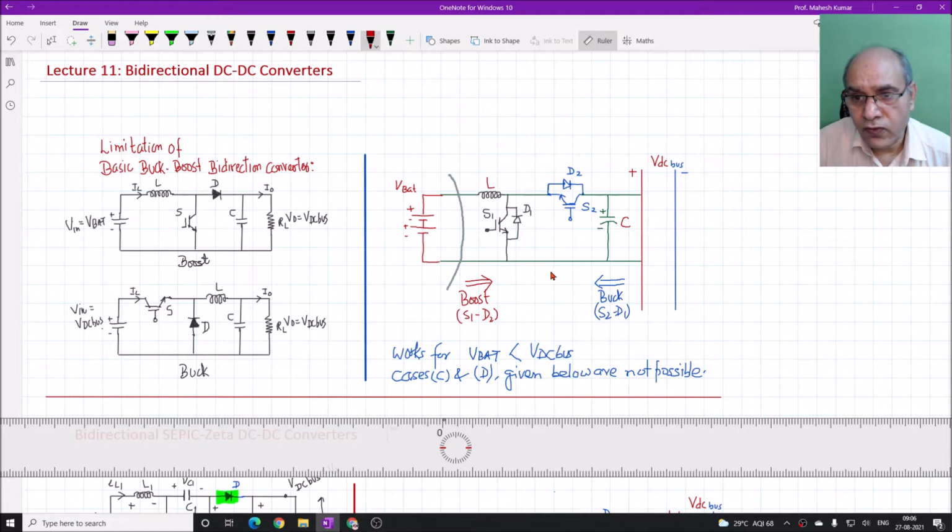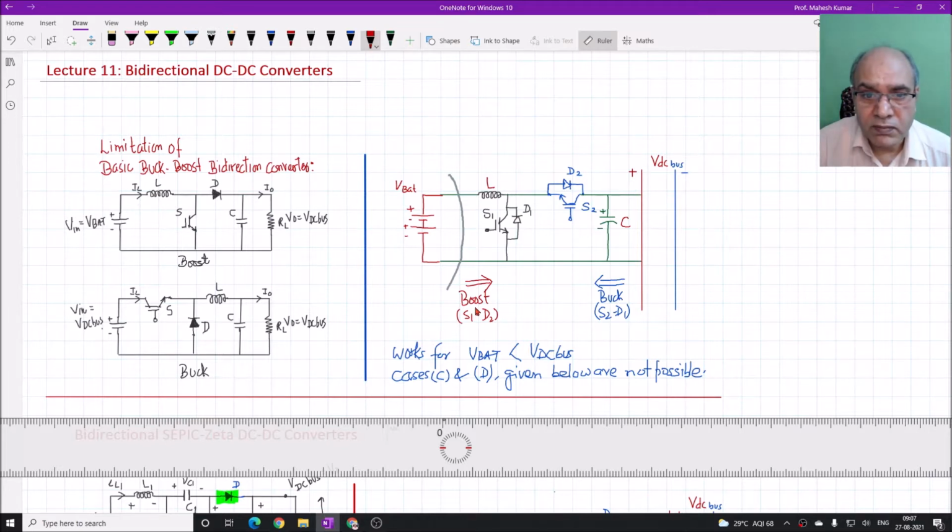If you look from this side, then it is the boost converter. But if you look from the DC bus side, then this part is seen as the buck converter with the switch combination of S2 and D1. So if I use S2 and D1 and look from the DC bus side, it acts like a buck converter.